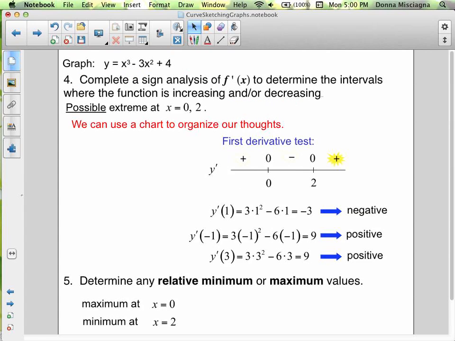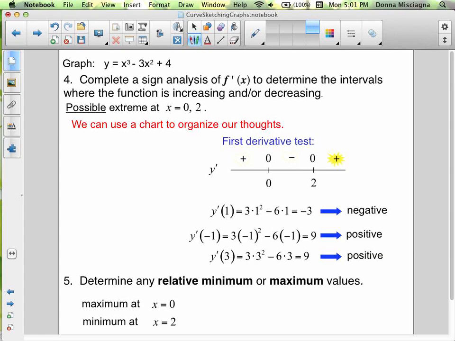All right, complete a sign analysis of f prime of x to determine the intervals where the function is increasing and decreasing. So we have our critical values of 0 and 2, so those could be possible extrema. I do have the sign chart already up here. Right, so our two critical points were 0 and 2.